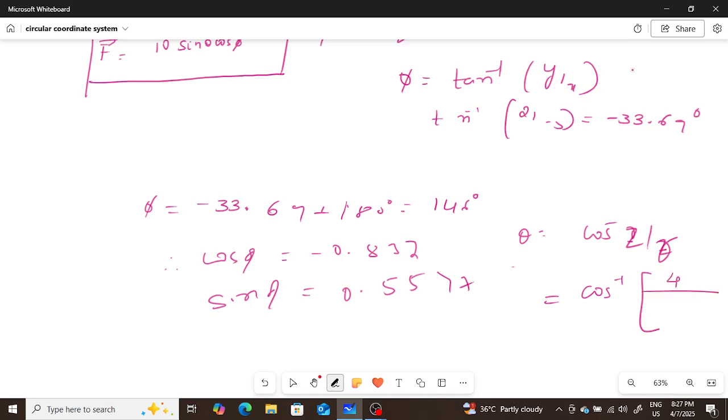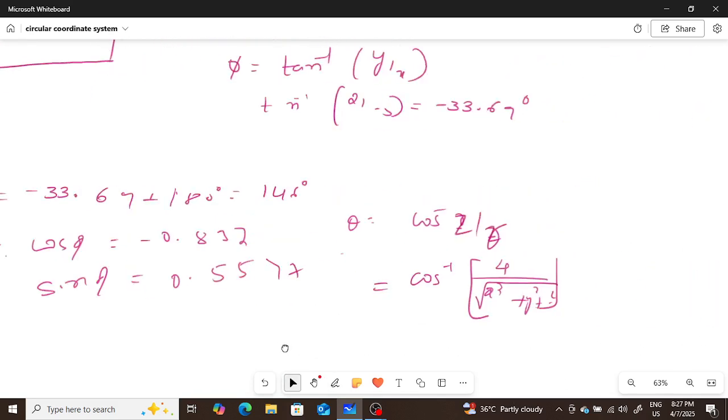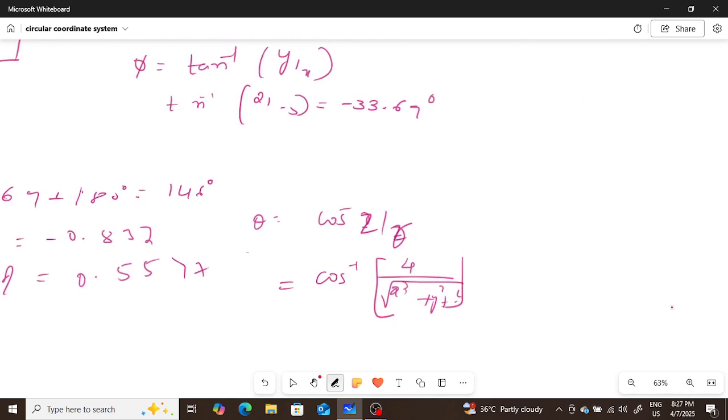Four divided by the square root of x square plus y square plus z square, because r is the square root of x square plus y square plus z square. These are all formulae I have given. Cos inverse of 4 divided by the root of minus 3 square plus 2 square plus 4 square gives you 42.03 degrees, that is theta.